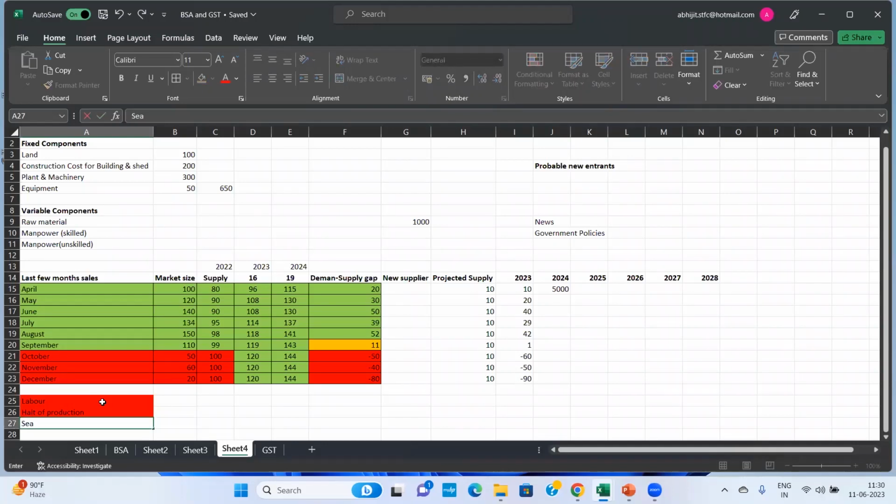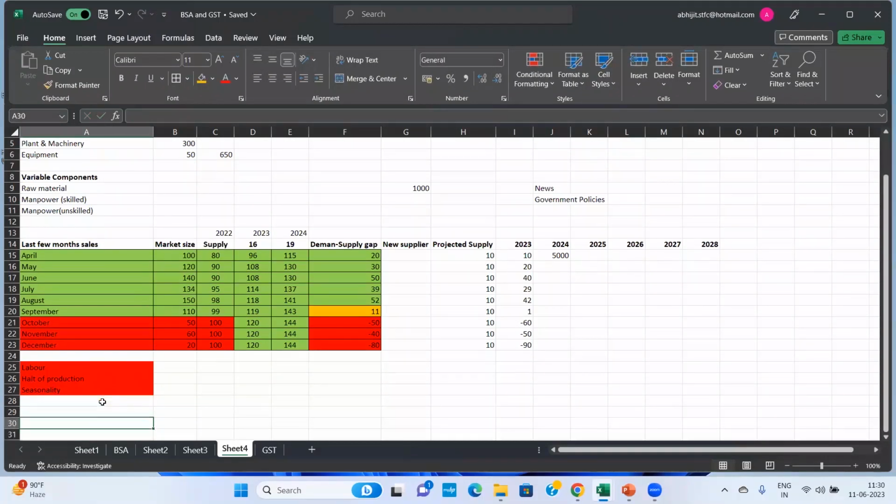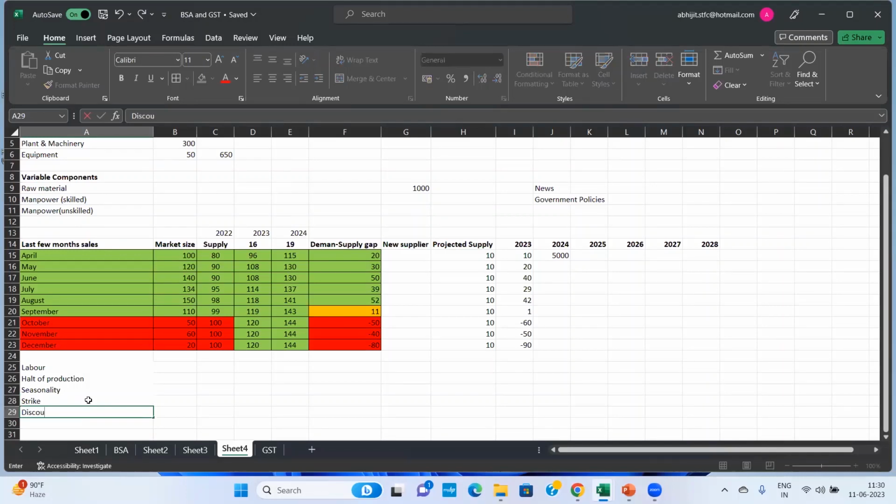Then there is seasonality. Could be in the monsoon, you suffer a heavy loss because of water and all these things. Then it could be strike. It could be discount.